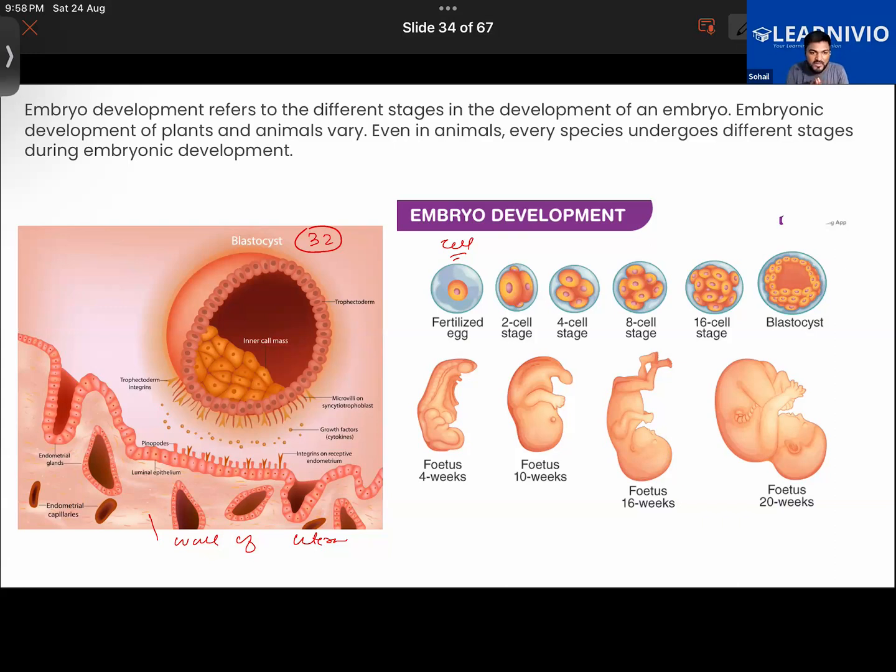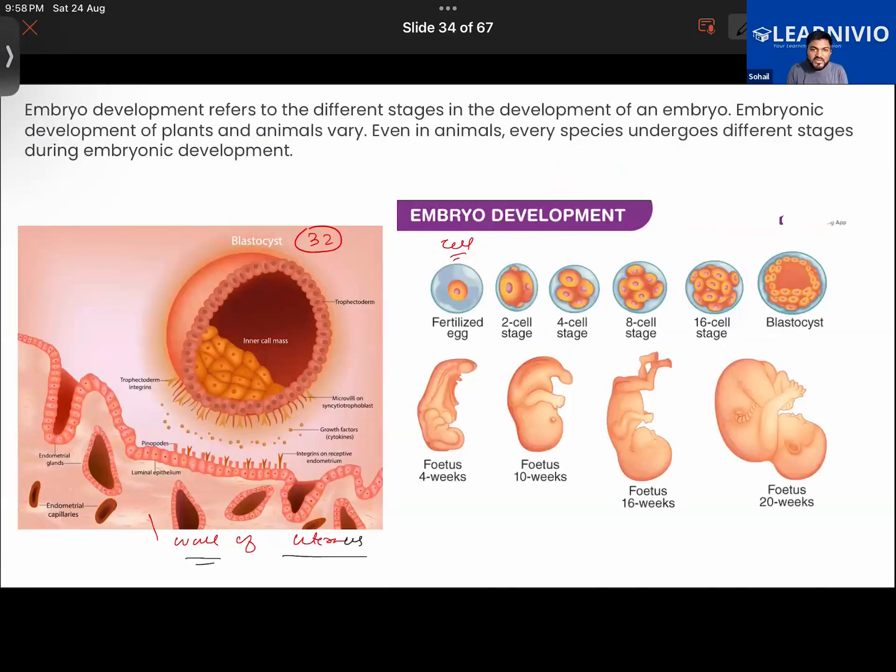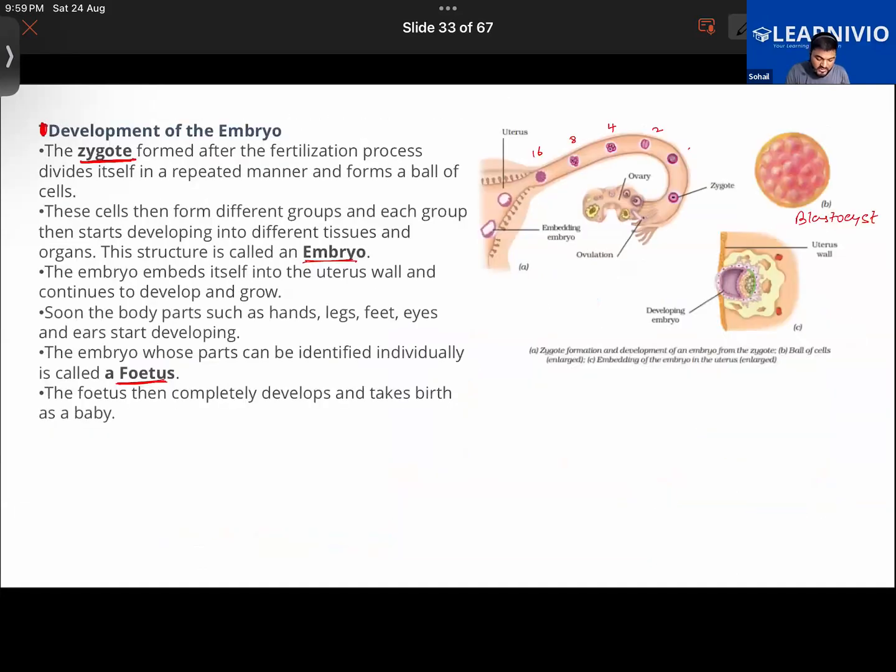Now, what will happen next? All this structure that you see over here is the wall of the uterus. So what happens at that time, guys? The wall of the uterus is talking about fertilization, when fertilization would have taken place. Or even if fertilization would not have taken place, once the ovum has been released, the walls of the uterus would prepare itself for receiving the egg.